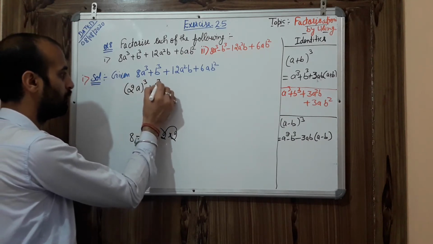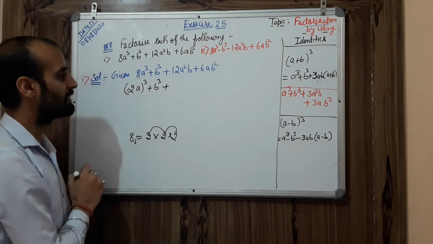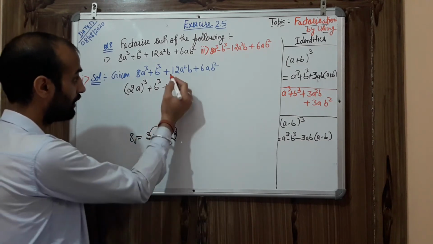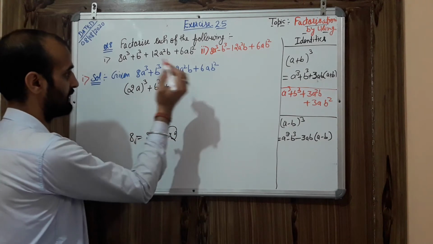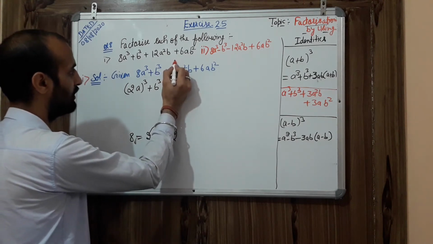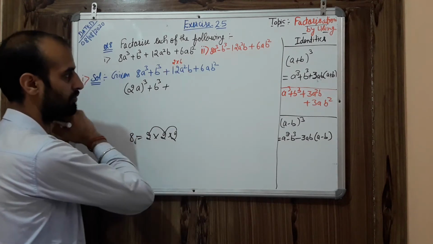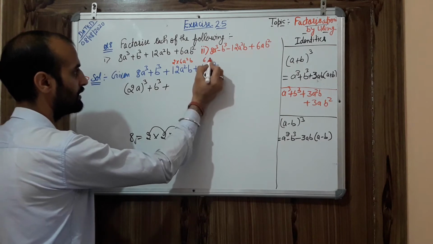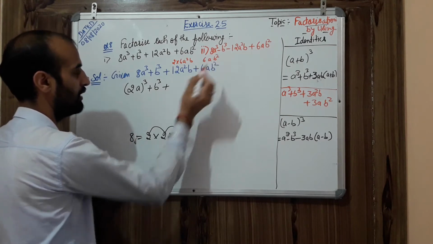Plus b cube. Now just see this question. Can you take anything common from here? This is 12 and this is 6. So if I write this 12 like that, 2 into 6. 8 is 2 times. Here is 6ab.